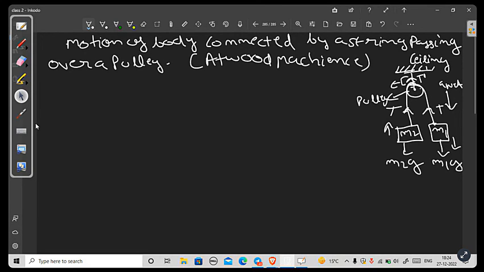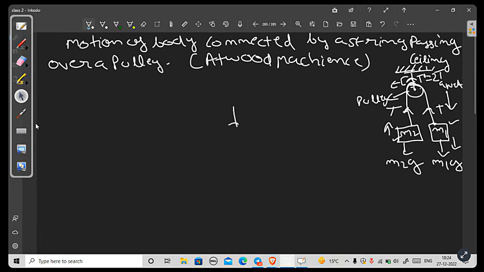This string is lifting the weight of both the M2 and M1 blocks, whereas the string passing over the pulley has one part lifting the weight of the M1 block and the other part lifting the weight of the M2 block. Despite this, the tension will be the same within that single string. But since this string is different, this is T dash, and its value will be equal to 2T.